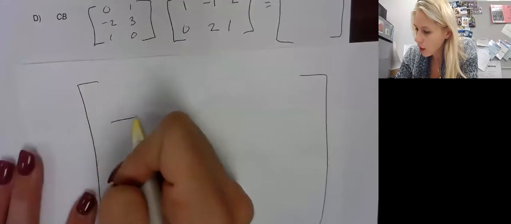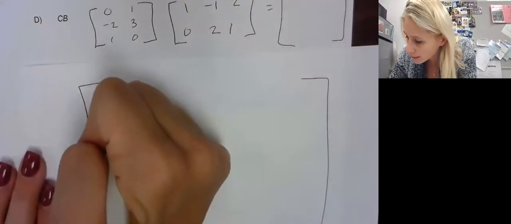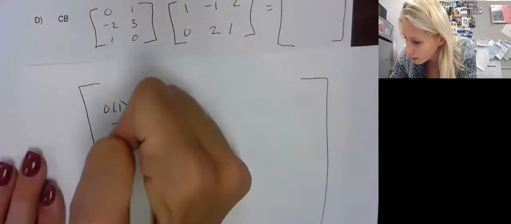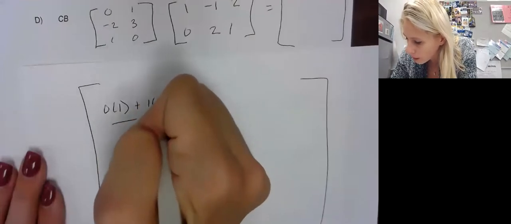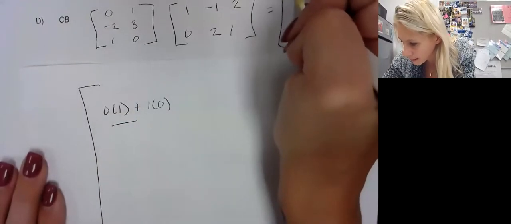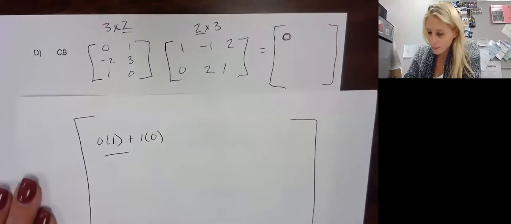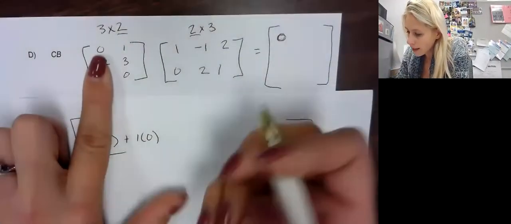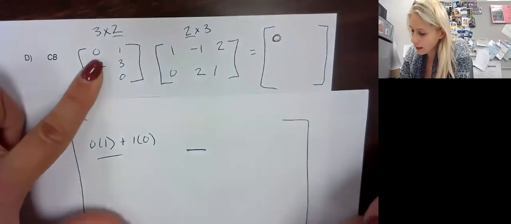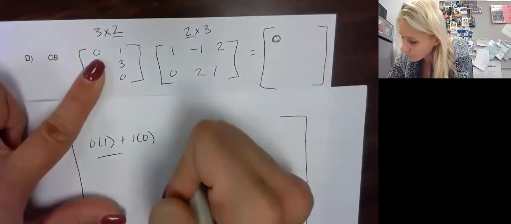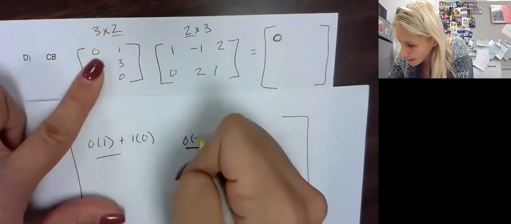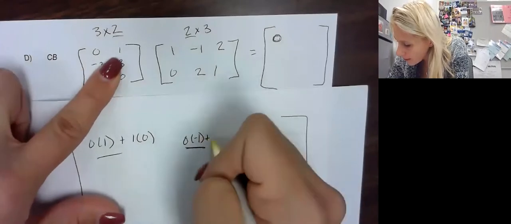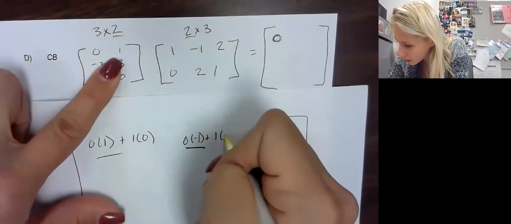Okay, I'm going to do row 1, column 1, so it's 0 times 1 plus 1 times 0, which is great because that means it's 0. All right, next one right there. We get 0 times negative 1 plus 1 times 2.